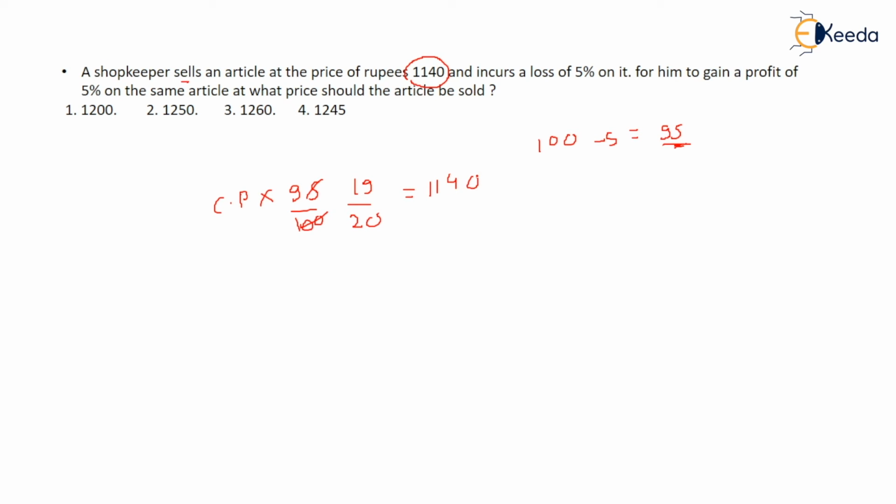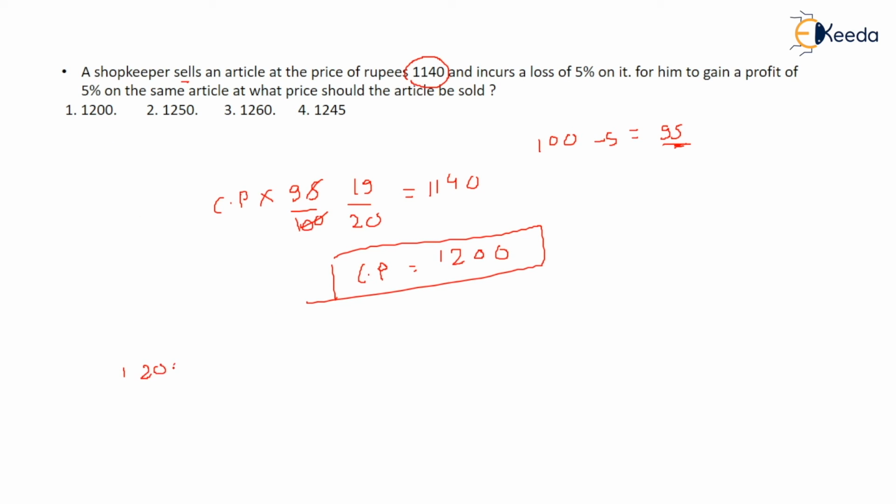From this you can find out the cost price of the article, right? So into 20 divided by 19. So the article cost is 1200. Now you have to sell it at such a price that you will get 5% profit. So this is your cost price.